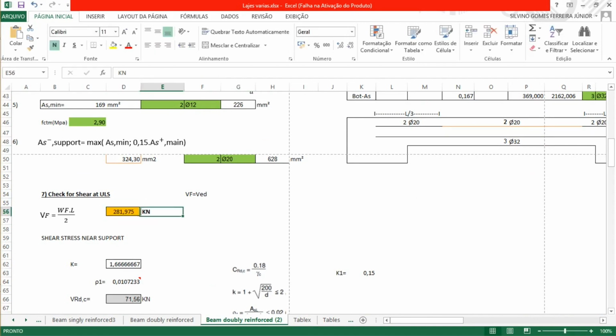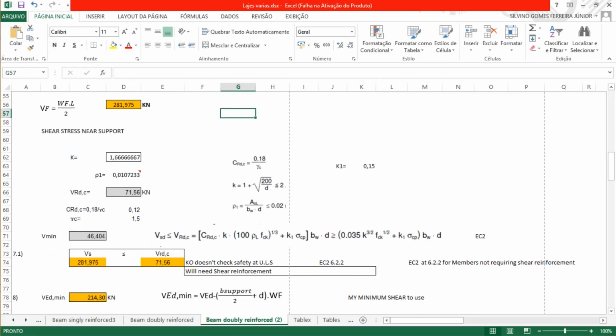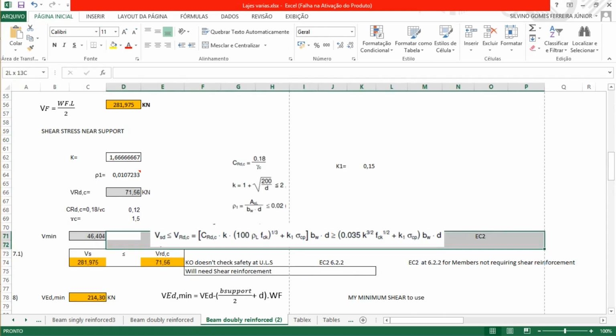Okay. So in the Eurocode we have this expression that says the shear we calculated has to be smaller or equal to the shear resistance VRd,c, and this has to be bigger or equal to the minimum shear, given by 0.035 k^(3/2) multiplied by the square root of fck, plus k1 multiplied by the prestressing.